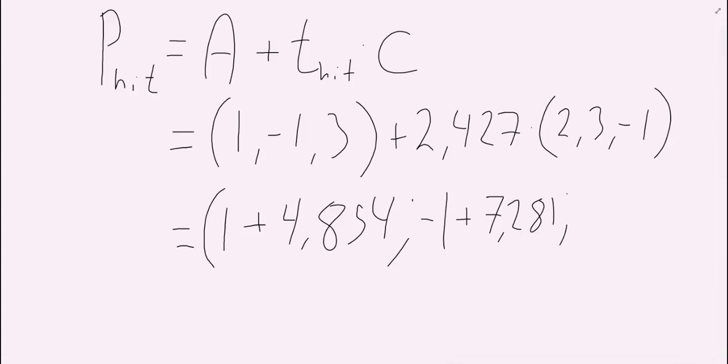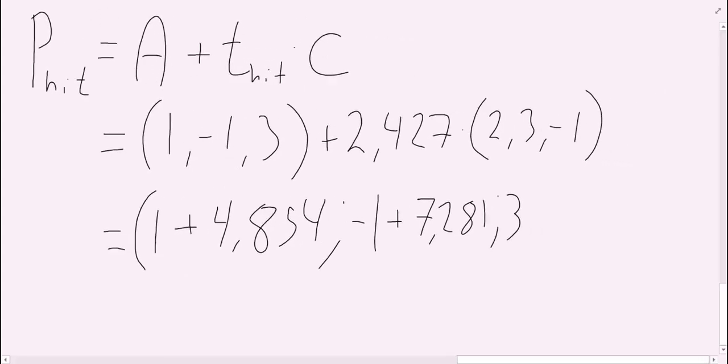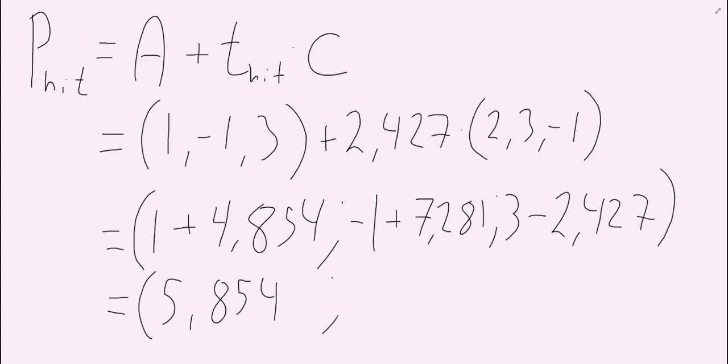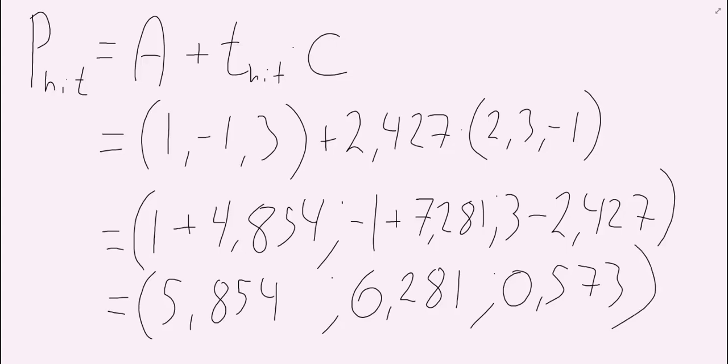And finally we have 3, scratch that, 3 minus 2.427, and so we have 5.854, we have 6.281, and we have 3 minus 2.427, that would be 0.573, I believe.